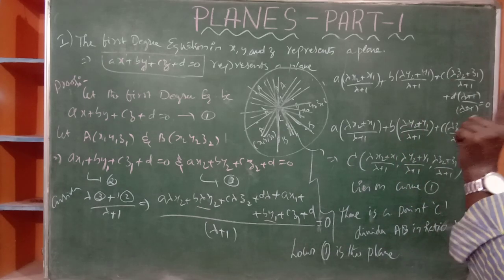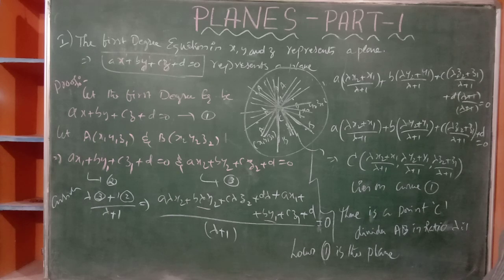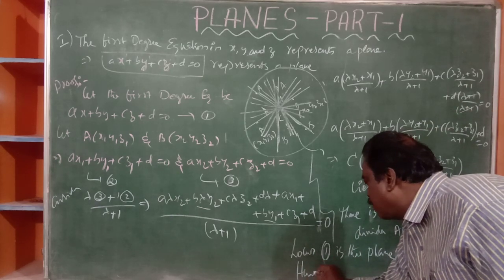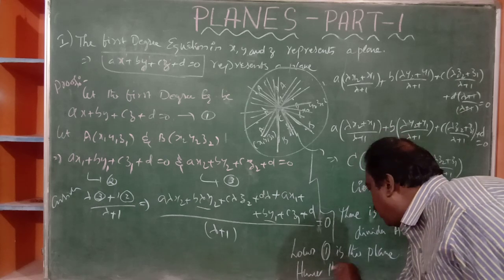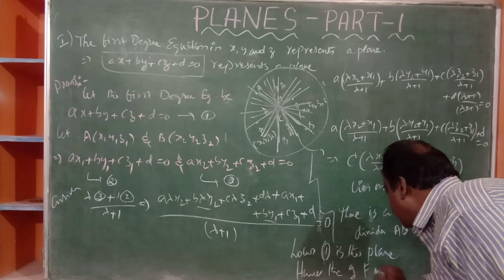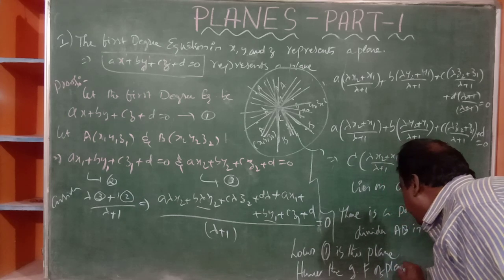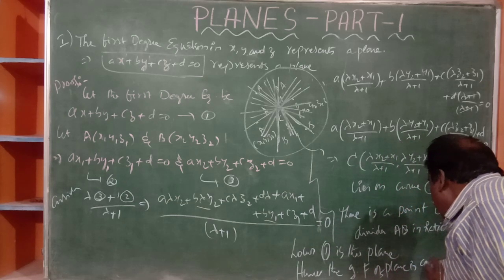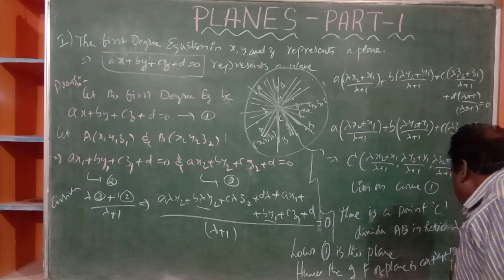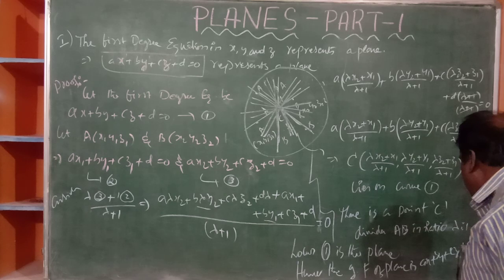Hence, it is the equation of a plane in general form. Hence, the general form of a plane is AX plus BY plus CZ plus D is equal to 0.